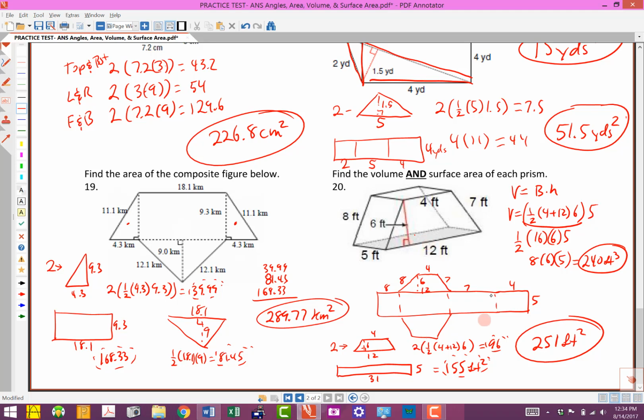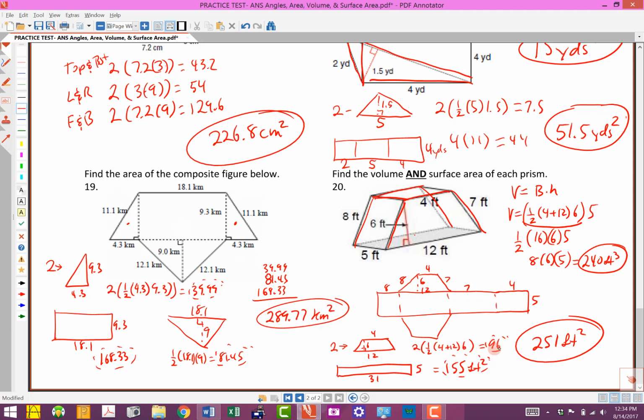And then same type of idea when we're dealing with surface area. Let's take this and let's cut along here with a can opener, cut along there with a can opener, and then we'll just split it open right there. And if we lay the sides out, we get that rectangular shape that we're familiar with. We flop open the top, or let's call it the front and the back, and we get these trapezoids right here. So we have 2 of those trapezoids, 1/2 B1 plus B2 times the height.